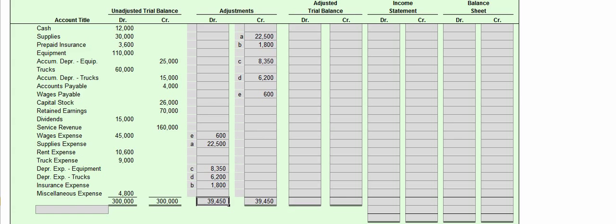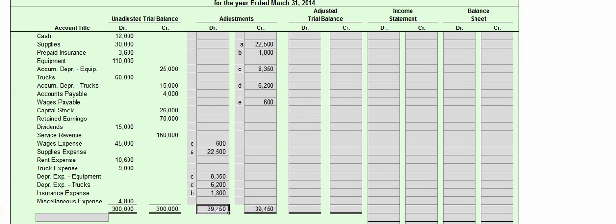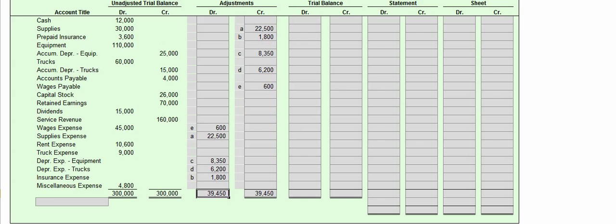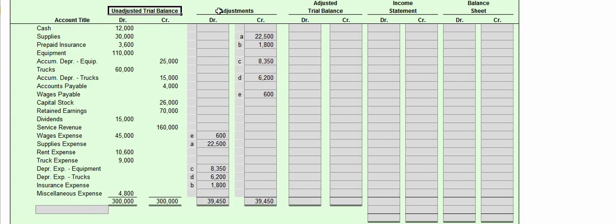Okay. The next step in completing this worksheet, you guys, is going to be bringing our unadjusted trial balance plus or minus any adjustments over to the adjusted trial balance columns. So we'll start with cash.